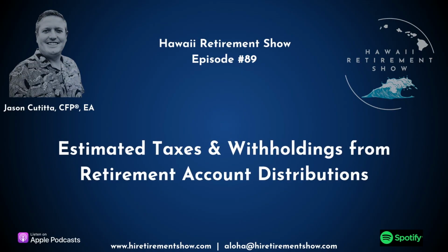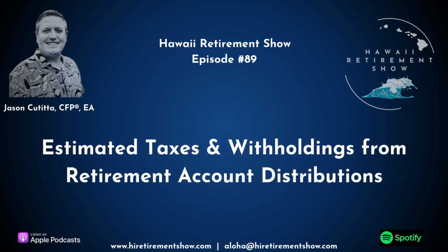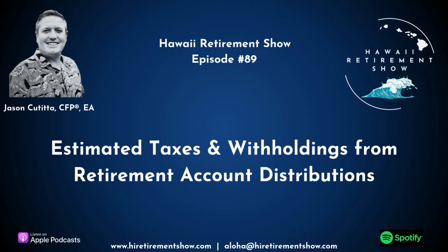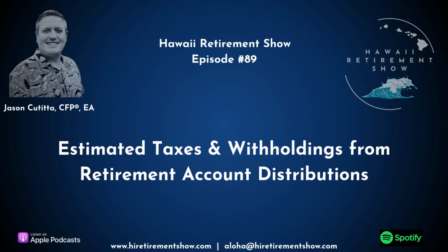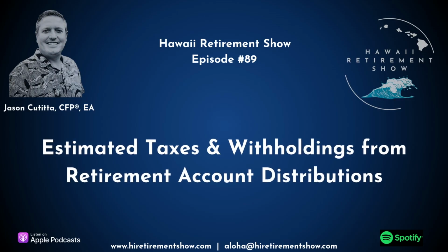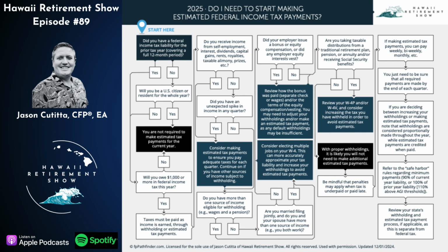So there are some mandatory withholdings or some defaults that you'll see. This is pretty much true across the board as far as I know. But it is also good to understand custodians are different, especially when it comes to the state side of things with the withholdings. It does vary custodian to custodian. An example of that is the TSP doesn't allow for any state withholdings.